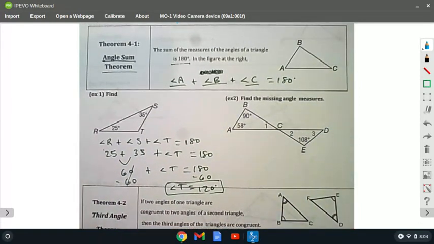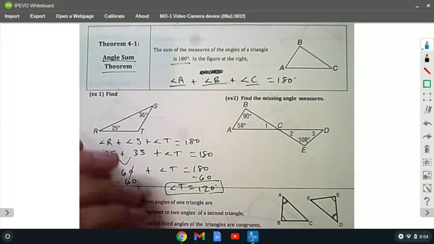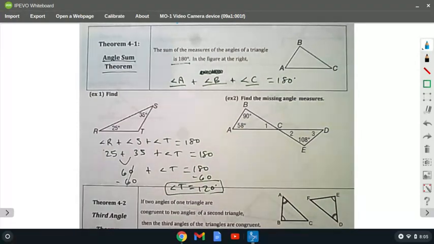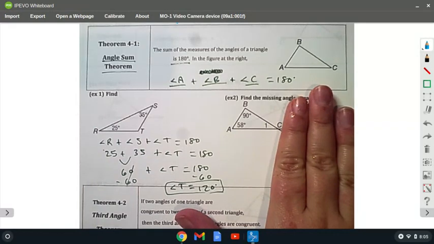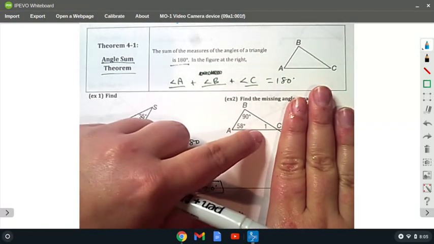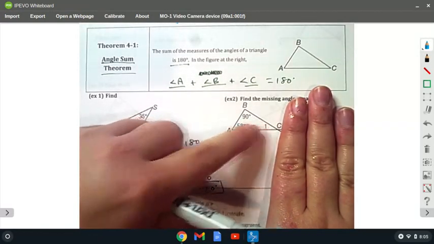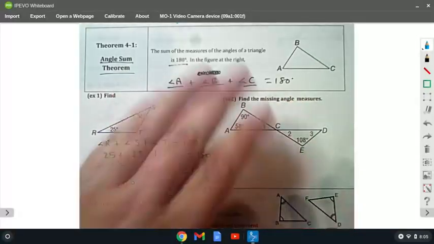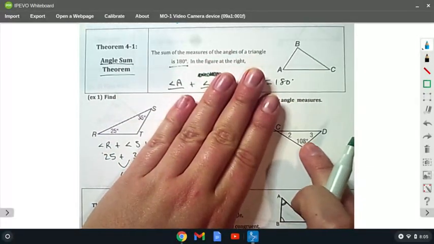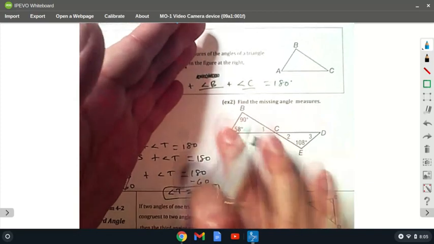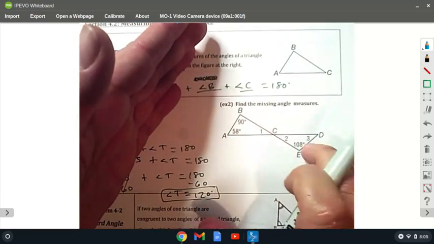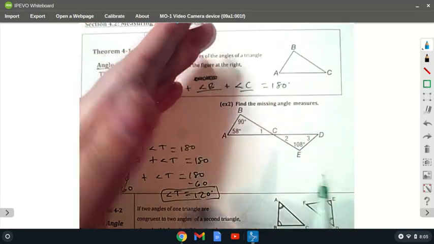This one we can do with a little more common sense. Focus on one triangle at a time. If I look at this triangle, I have two angles, one missing. I should know right away that these three angles add to 180. If I look at this triangle, I only have one angle, so I need to solve the other one first before I can even attack this one. There's nothing I can do there.